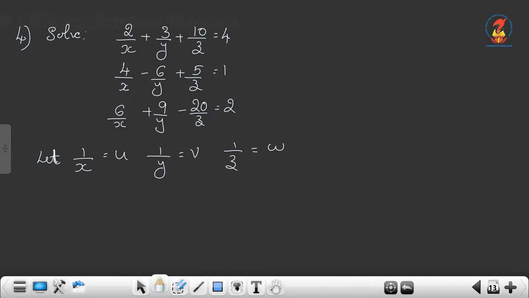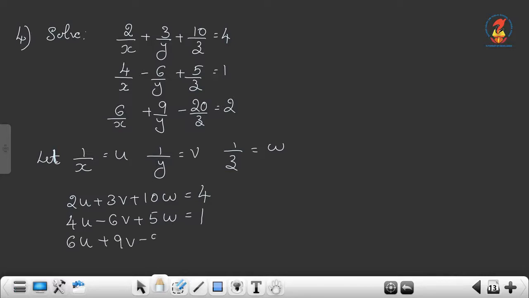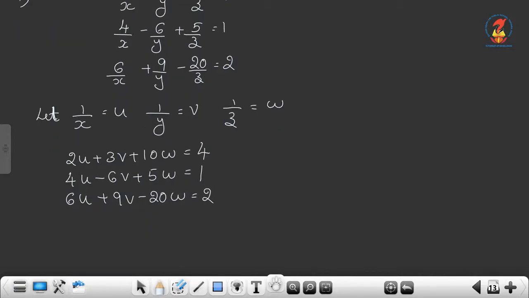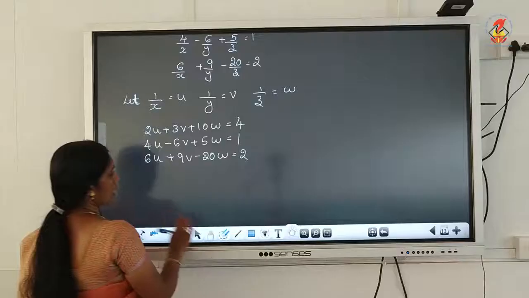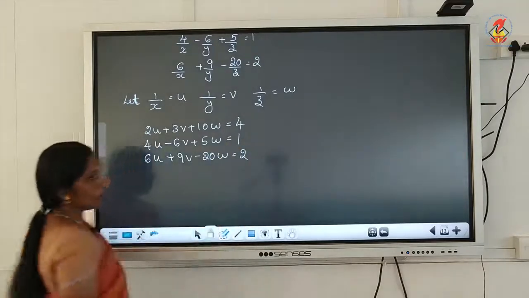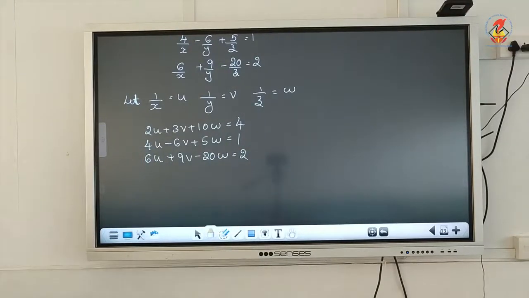So the equation reduces to 2u plus 3v plus 10w is equal to 4. Next equation, 4u minus 6v plus 5w is equal to 1. The last equation, 6u plus 9v minus 20w is equal to 2. So we have to find u, v, w, and from that you will get x, y, z.